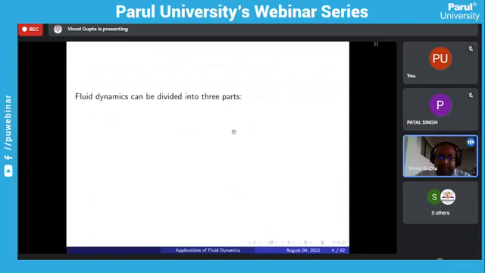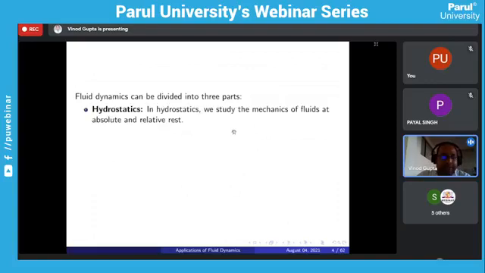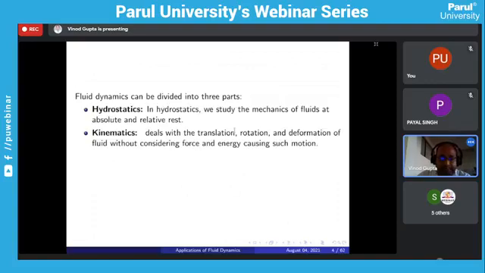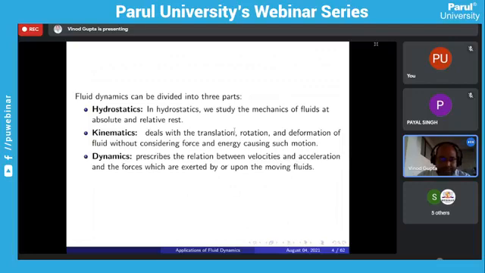Fluid mechanics can be divided into three parts, as you have studied at graduate level: hydrostatics, kinematics, and dynamics. In hydrostatics, we deal with the mechanics of fluid at rest. Because there is no motion, we study hydrostatic conditions.